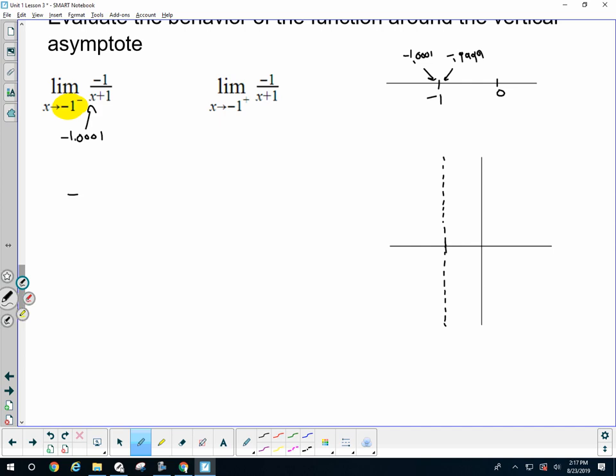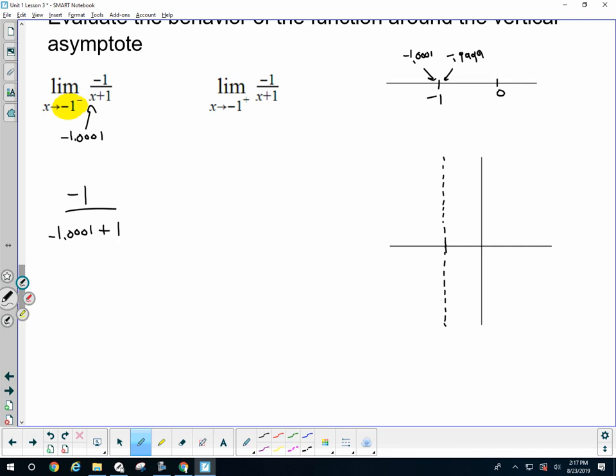And then I'm going to think about, and you don't have to write this down, you can just think about it, what happens when I add those two numbers in the denominator together. I'm going to get something close to 0. But it's your job to figure out if it's close to 0 and positive or close to 0 and negative.